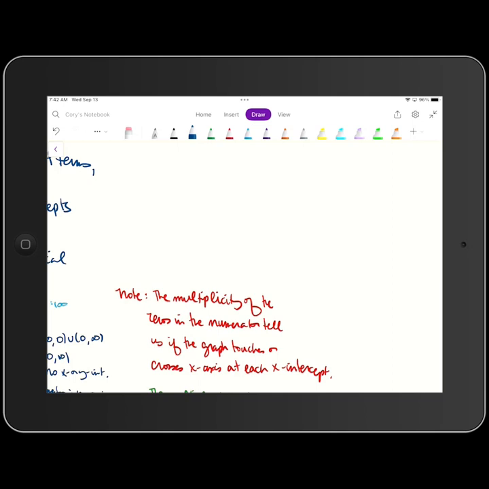If your numerator in lowest terms has zeros with odd multiplicity, the graph is going to cross the x-axis at the x-intercept. And if it has zeros of even multiplicity, the graph is going to touch the x-axis at the x-intercept.